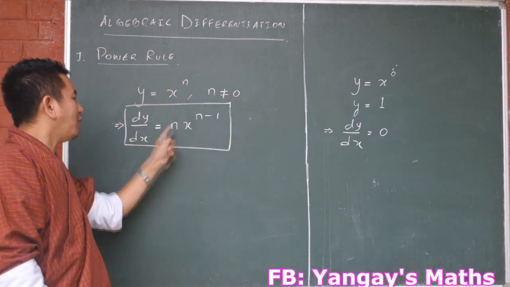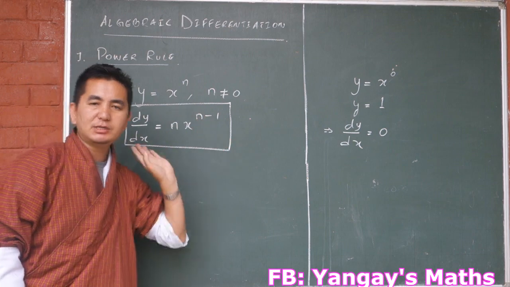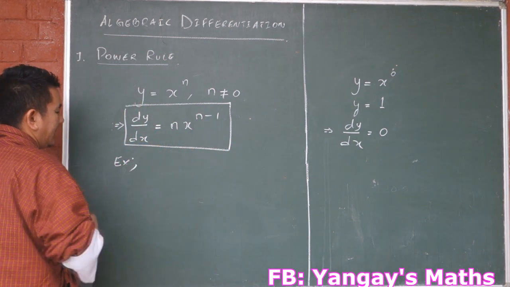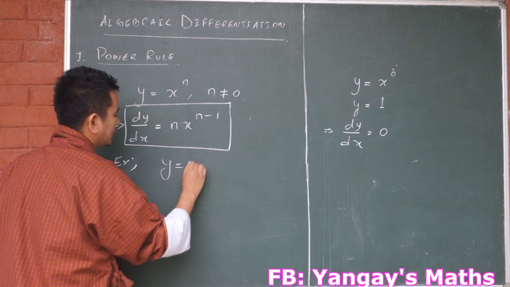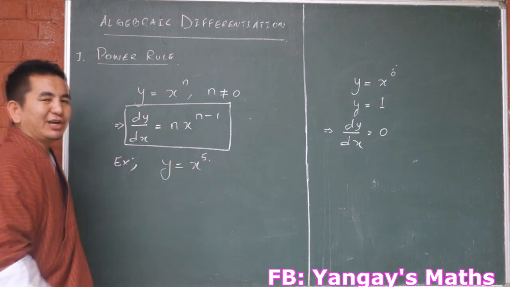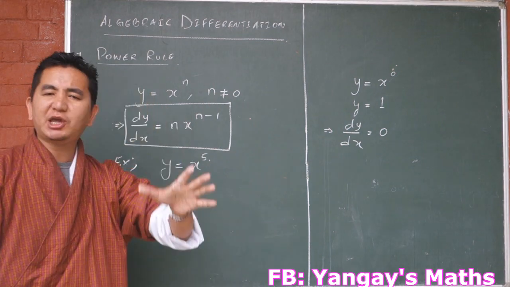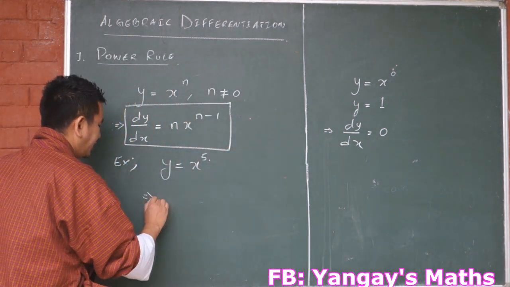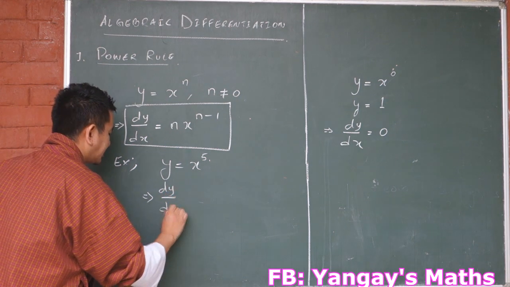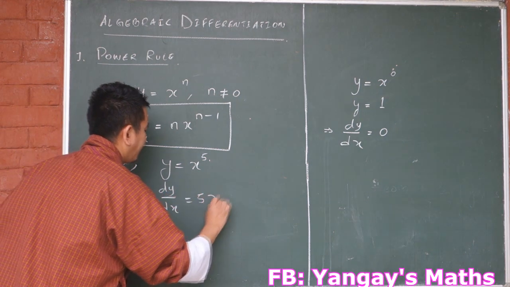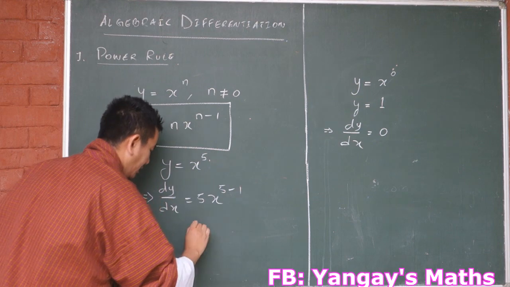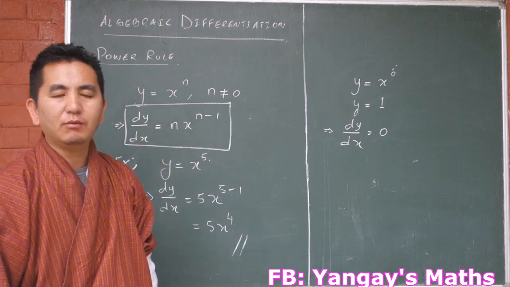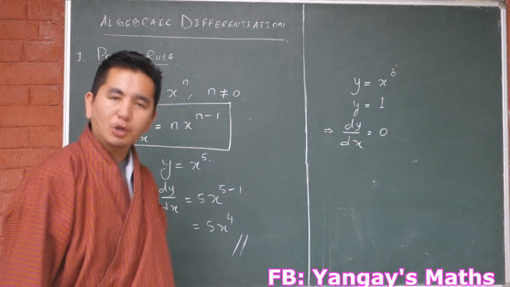You bring this n in front, then subtract 1. Example, if you have y is equal to x raised to power 5, you can take any value other than 0, whether it's positive or negative. When you differentiate, dy by dx is equivalent to 5x raised to 5 minus 1, which is 5x raised to power 4. This is known as a power rule.